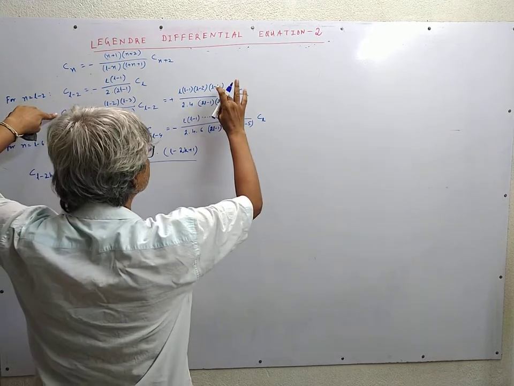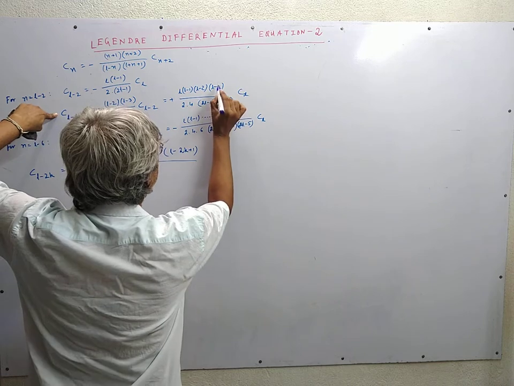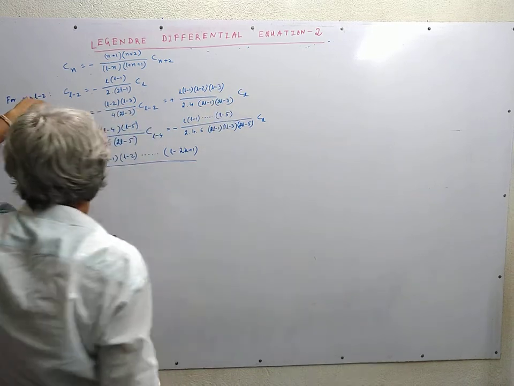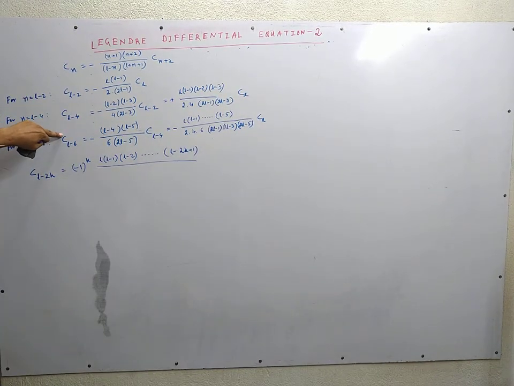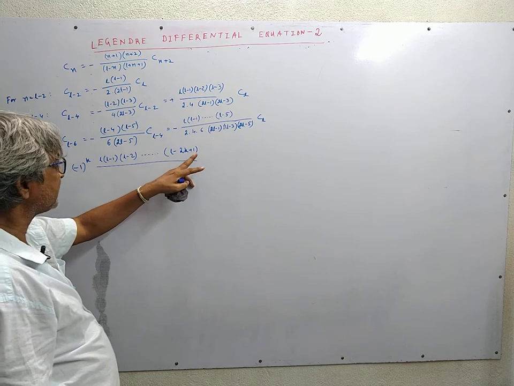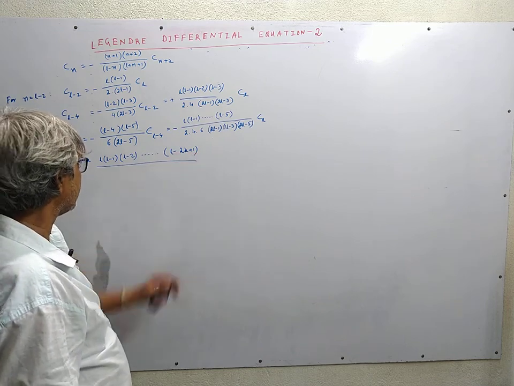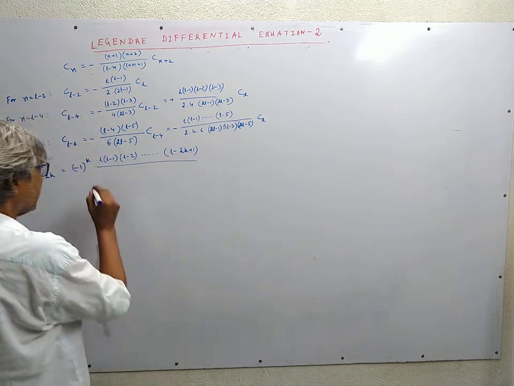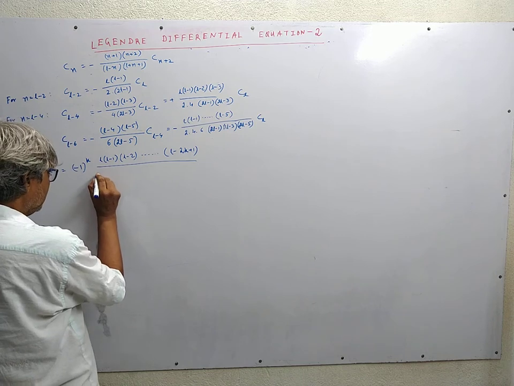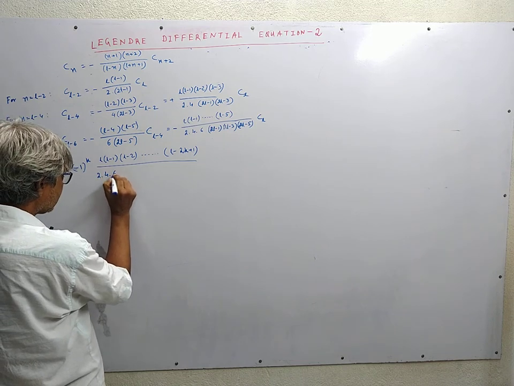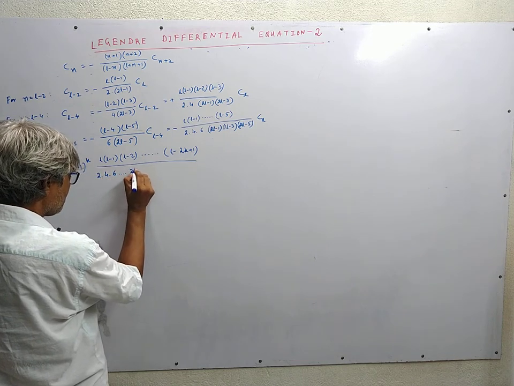Yes, there is a mistake, it should be 3. And for this, k is 3, so it is 6 plus 1, so it is L minus 5. And in the denominator we will have 2, 4, 6 up to 2k.